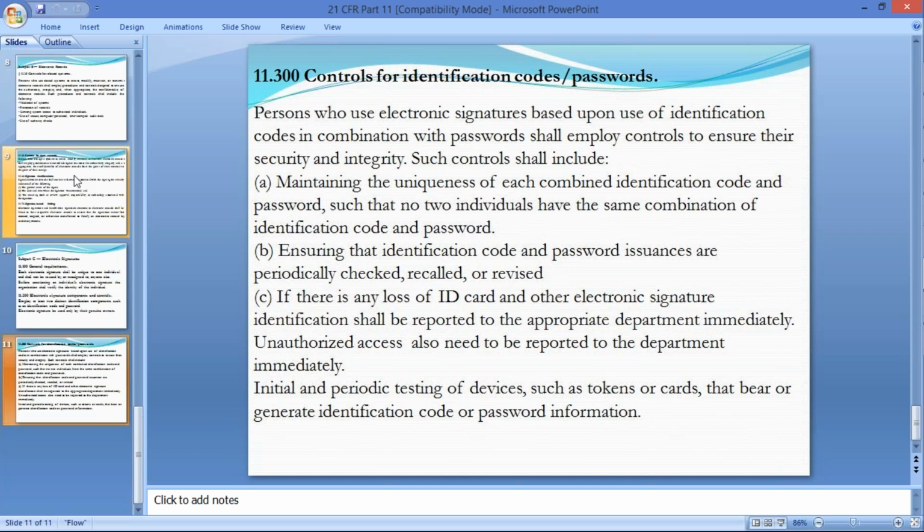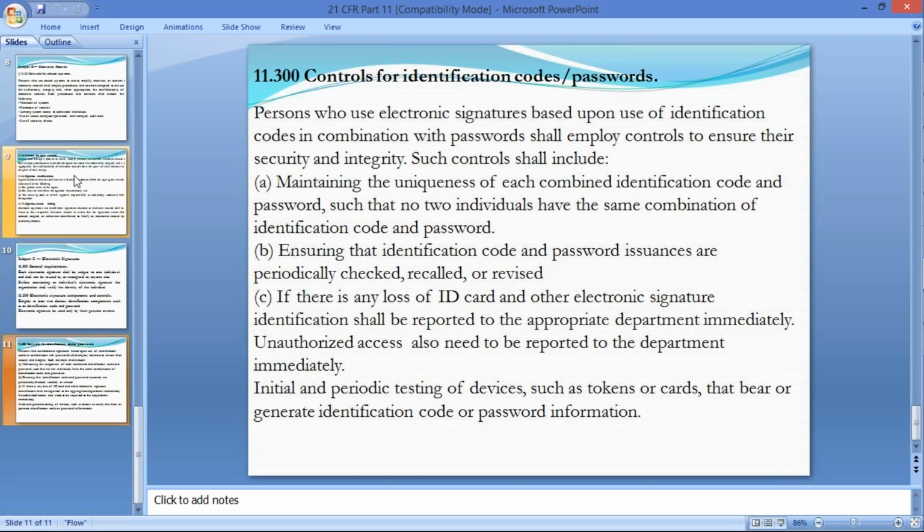Ensuring that ID and password issuances are periodically checked, revised, or recalled. In case of any loss of ID cards or other devices bearing identification, and unauthorized access, it should be immediately reported to the department.